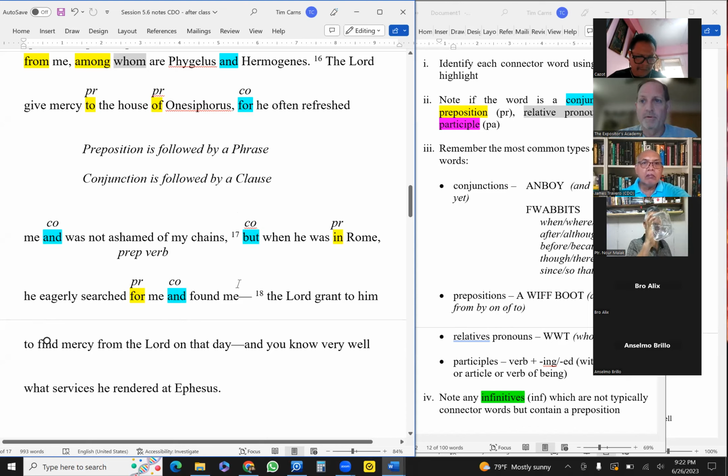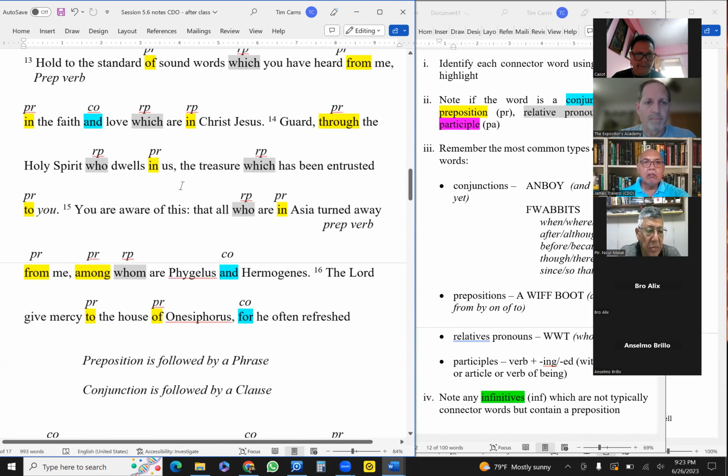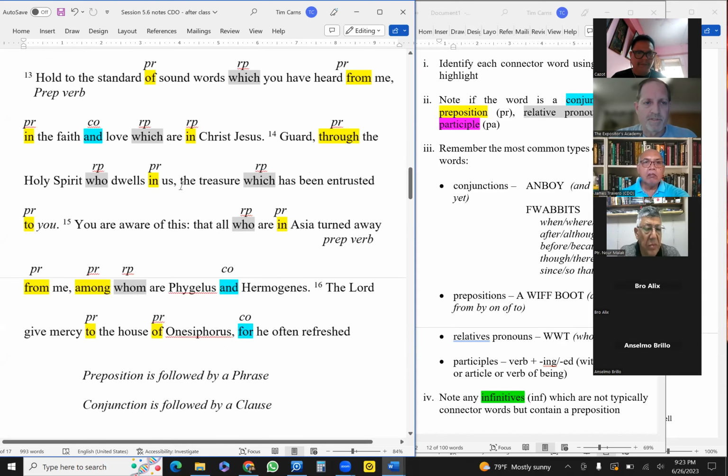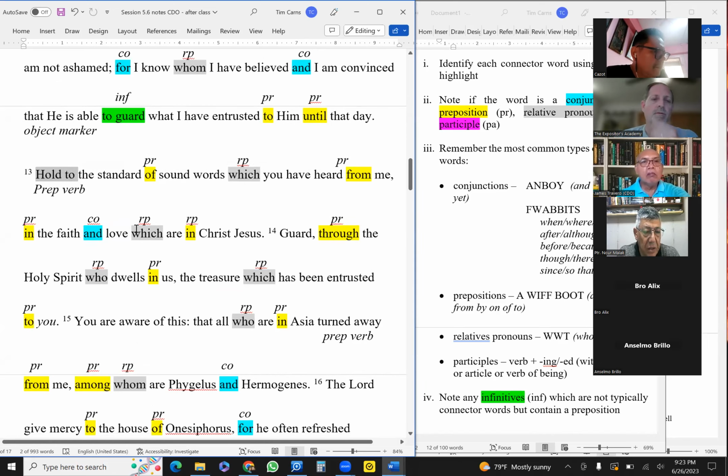Give me an example of the verbal phrase that you see here that you're asking about. The first one, hold to. Oh, the prepositional verb, you mean? Yes, sir. Another sub point in every diagram, sir.